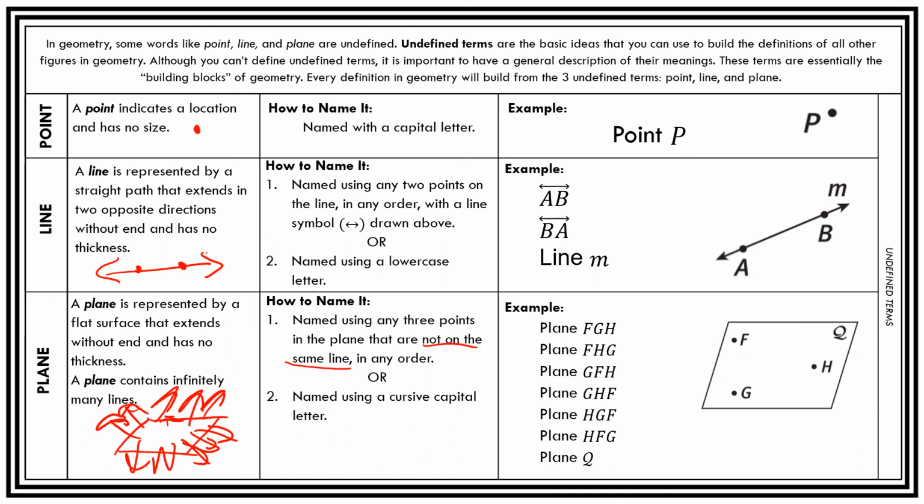All right, moving on. Those are our 3 undefined terms. Now we can define some other terms using these undefined terms, okay? So next, we have 2 more I want to define now. We're going to define a line segment. Okay, notice the word line in there, so it's probably going to be a part of a line, okay?